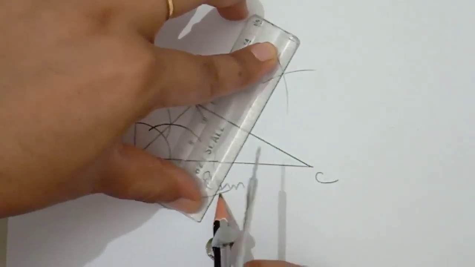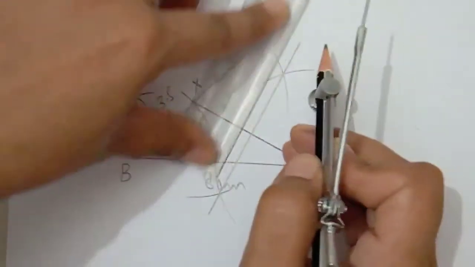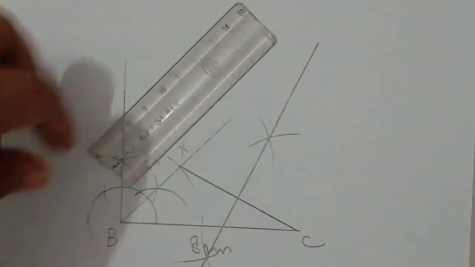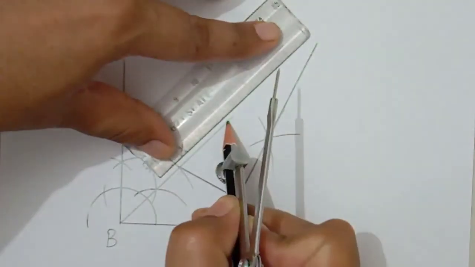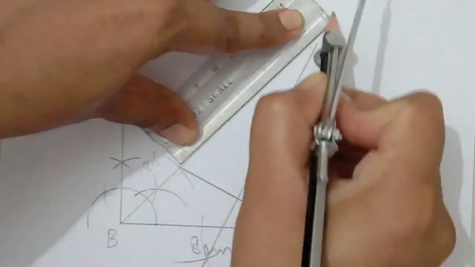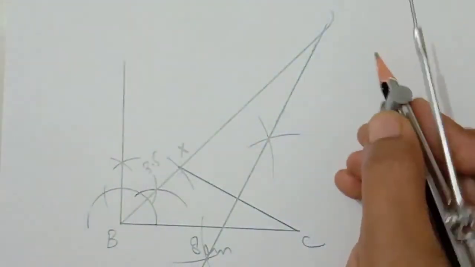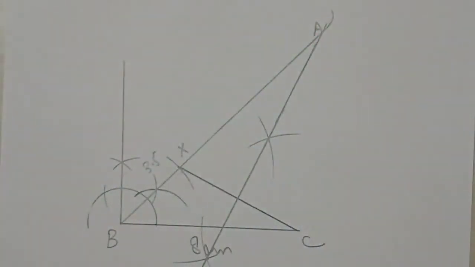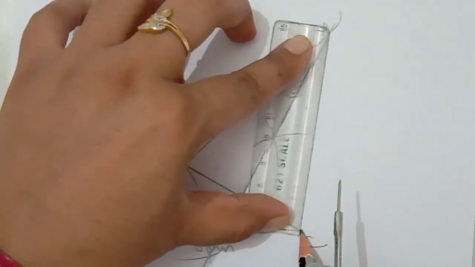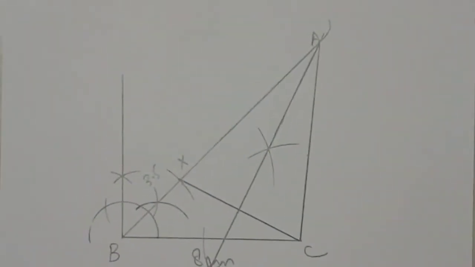Put your pencil here. You have to extend this line, and produce the two sides till they meet each other at another point, which we call point A. Now we will join the two vertices A, C. Now this is our required triangle.